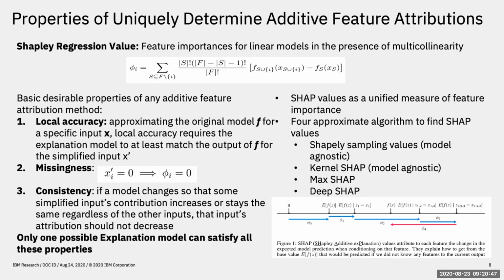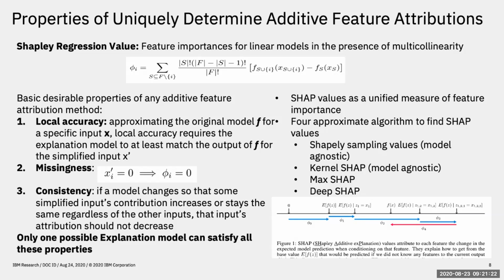As a first step, they define the Shapley regression value phi i, which can be intuitively interpreted as a surrogate for feature importance. In this equation, phi i is basically trying to determine the difference between the function scores when you include this feature with any subset of the given features.